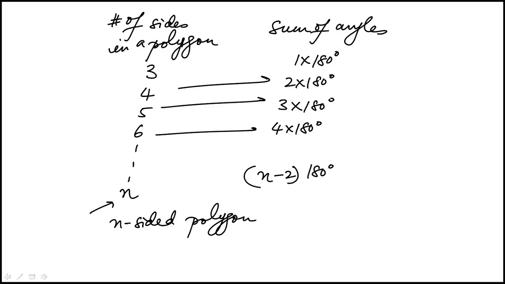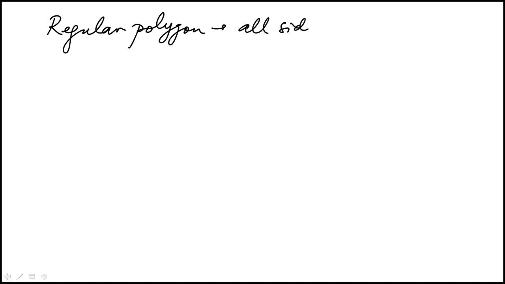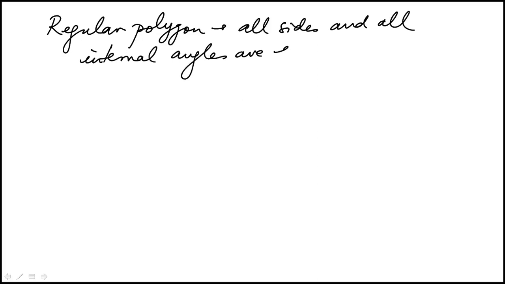And so let's look at a problem on this concept. You'll see this notion of a regular polygon. When you see the term regular polygon, what it means is that all sides and all internal angles are equal.